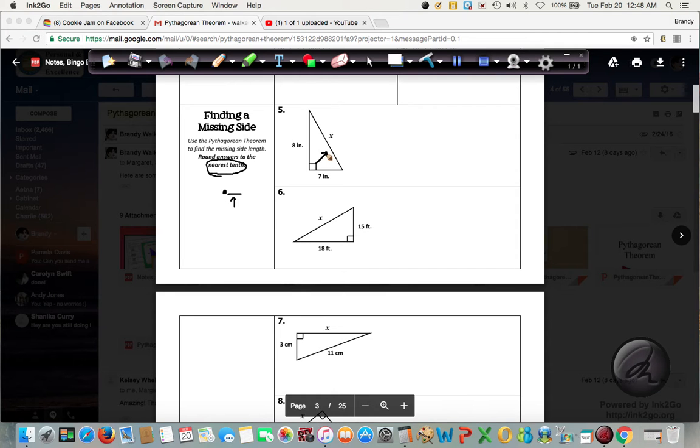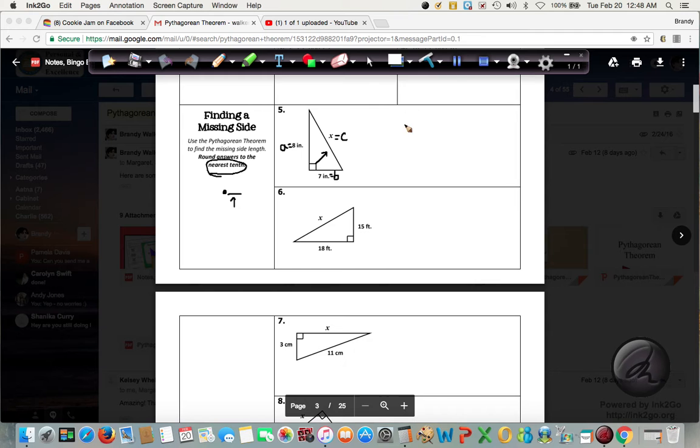Because as soon as you draw that arrow, you have discovered side C. Once you have side C, it doesn't matter what you make A or B. So let's go ahead, we'll make this 8 side A, and this will be our side B. The most important side is C. That's why you draw the arrow first and label C first. That is very important. Label C first.